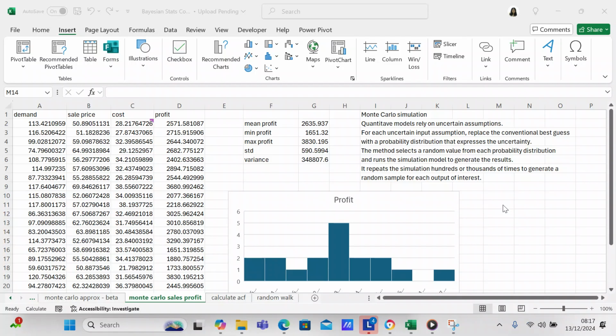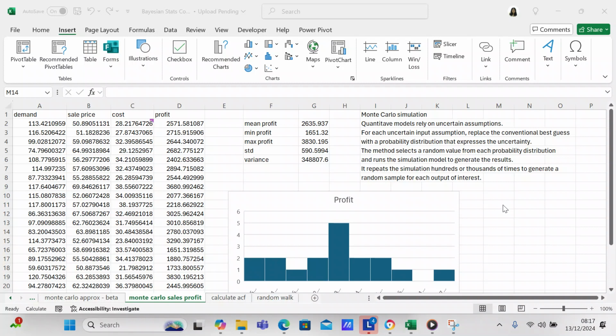The method selects a random value from each probability distribution and runs the simulation model to generate the results. It repeats the simulation hundreds or thousands of times to generate a random sample for each output of interest. So that's just a little bit of information about the Monte Carlo simulation.